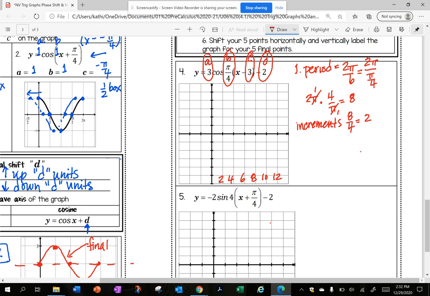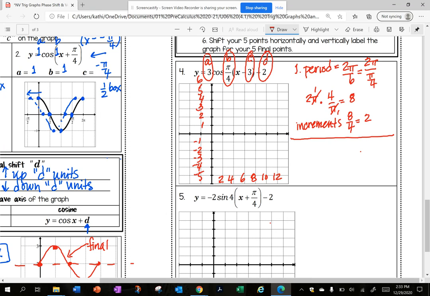Next, that is my period, and we said my amplitude is 3. So I want to plot period and amplitude first. I'm counting horizontally by 2's, but vertically I can just count by 1's. So I'm going to label these as 1, 2, 3, 4, 5, 6, -1, -2, -3.